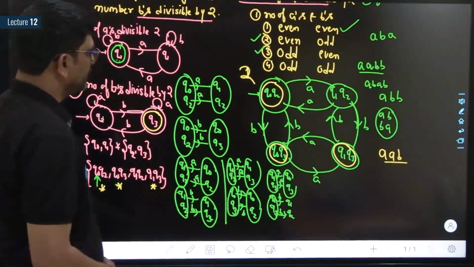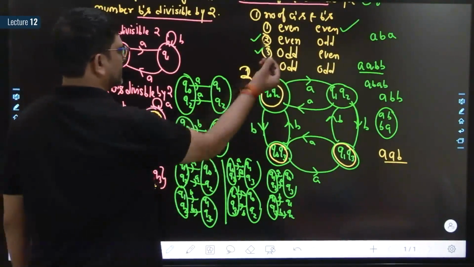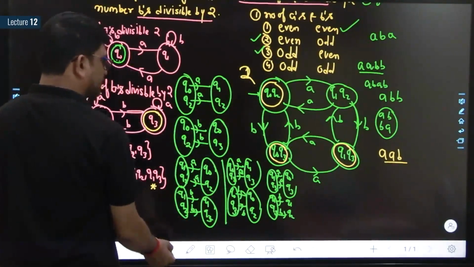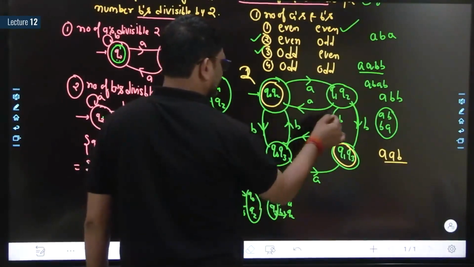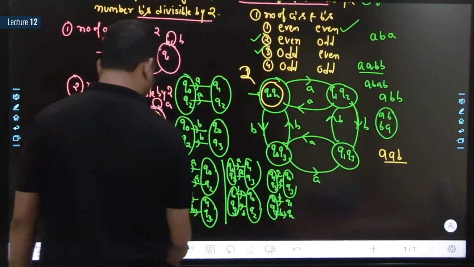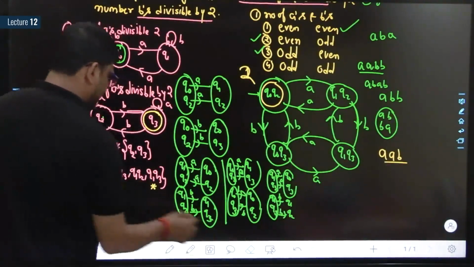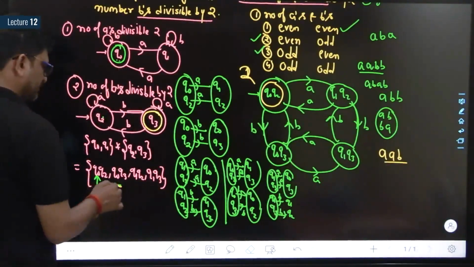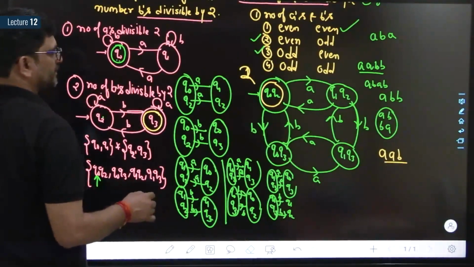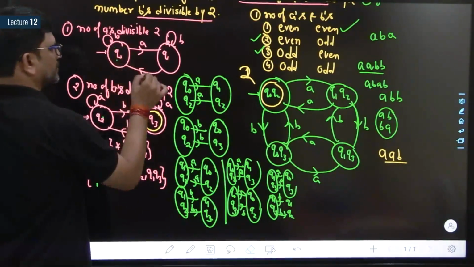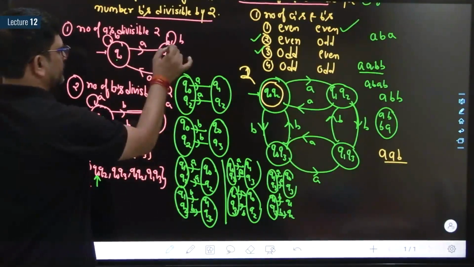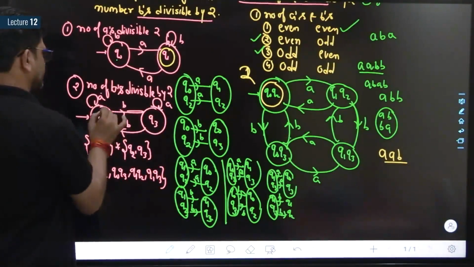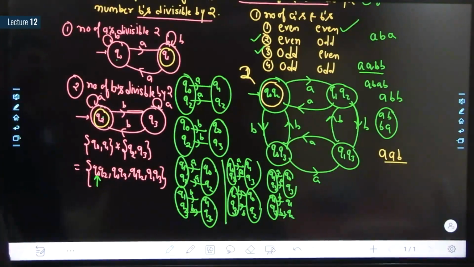Okay. In case of number of A's odd and number of B's odd, check which are final. Number of A's odd and number of B's even: which one is final?